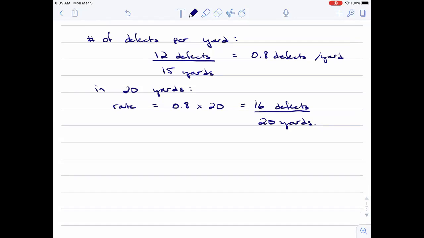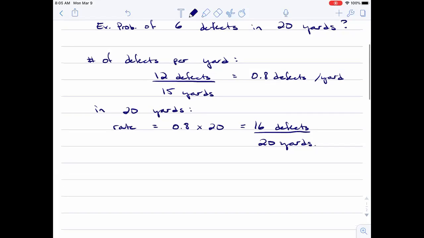So it's a little bit of a two-step. Hang on. 12 divided by 15 is 0.8 per yard. And then we've got 20 yards.